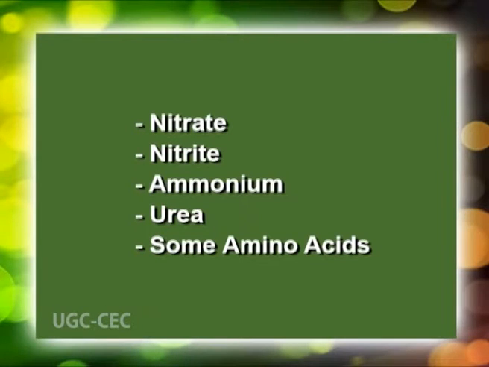Cyanobacteria inhabit nearly all illuminated environments on earth and play key roles in the carbon and nitrogen cycle of the biosphere. In general, cyanobacteria are able to utilize a variety of inorganic and organic sources of combined nitrogen like nitrate, nitrite, ammonium, urea or some amino acids.